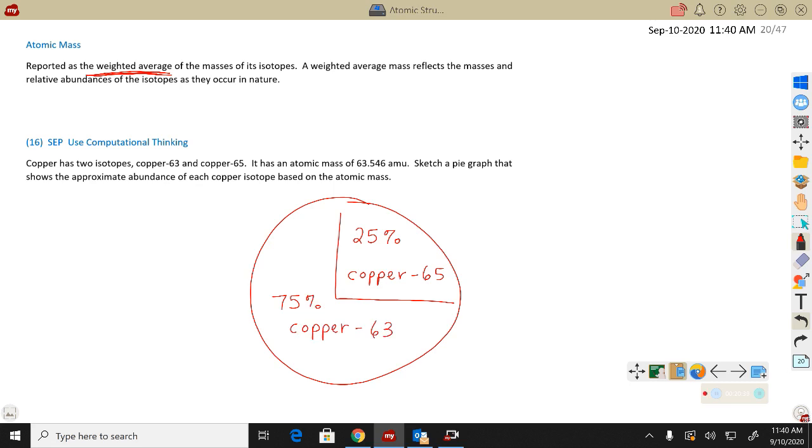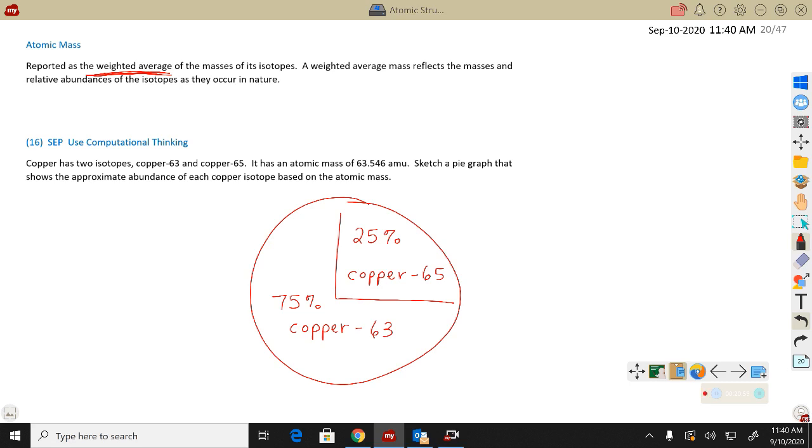And here's kind of where I came up with the 75-25. There's 2 units difference between the 63 and 65, and the mass goes up by like 0.5. So if I divide 2 units by 0.5, I could say that there would be 4 units.